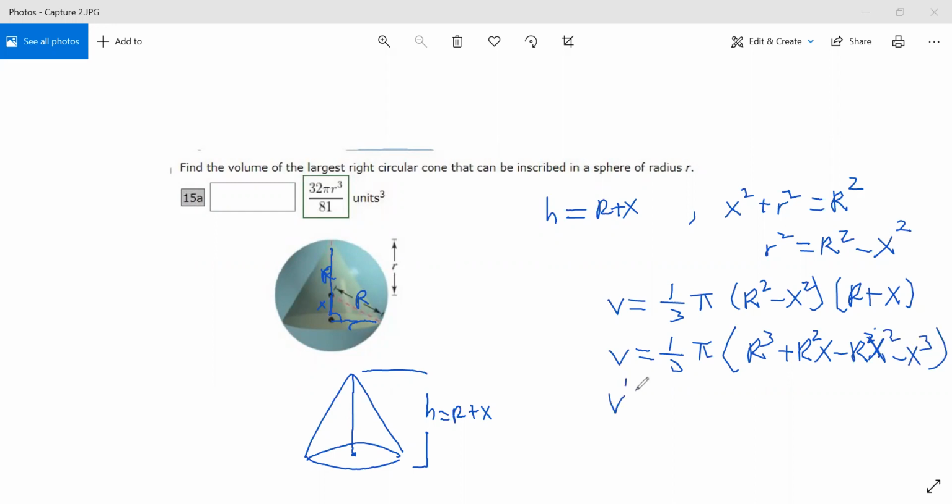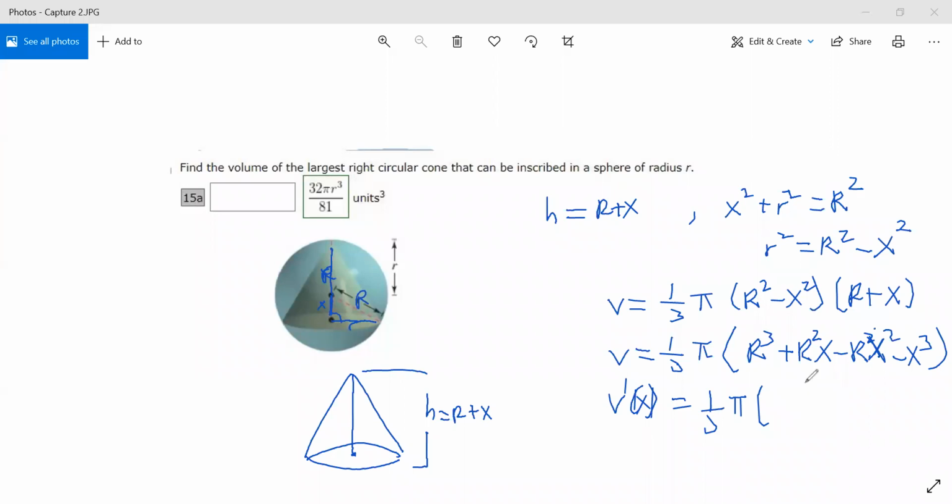Now do the derivative. This is going to be 1/3 pi, and then R cubed is constant, so that's 0.